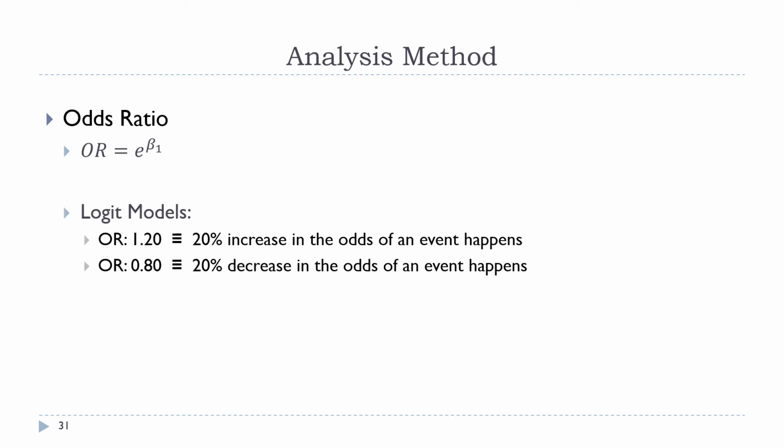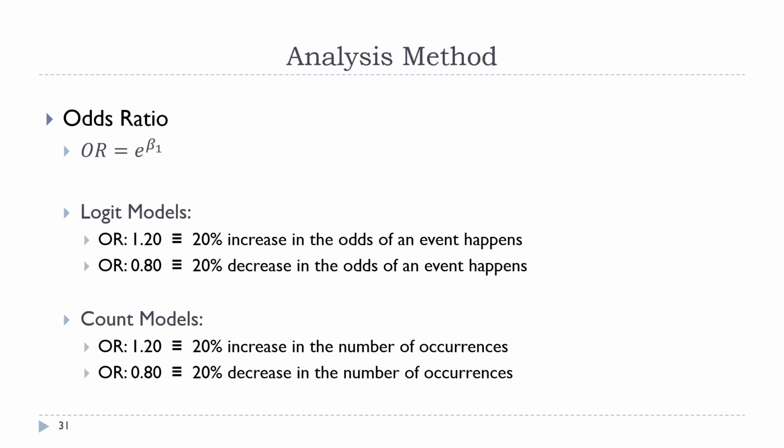For instance, if a model has an odds ratio of 1.2, it indicates a 20% increase in the odds of an extra edit appearing, while an odds ratio of 0.8 indicates a 20% decrease in the odds of this event happening.